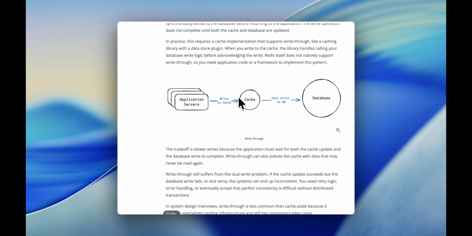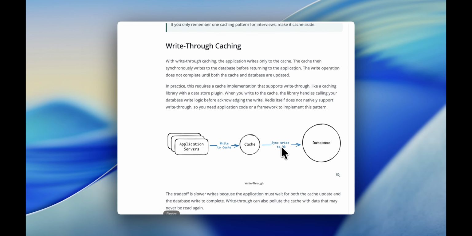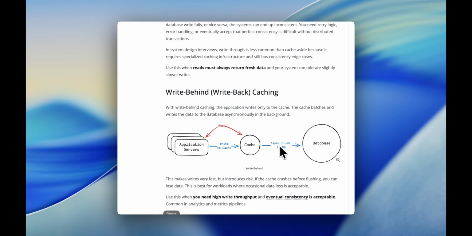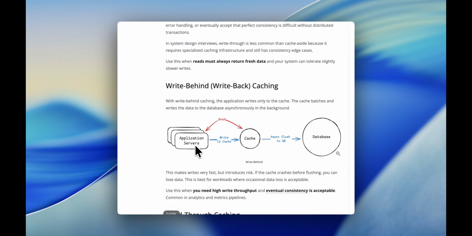So here in write through caching, we were synchronously writing to the database, while in write behind, we are asynchronously writing the data to the database in the background. So what happens is that your application server only talks with the cache. Okay, it doesn't know anything about the database, and your cache is used to read the data, and your cache is used to write the data.